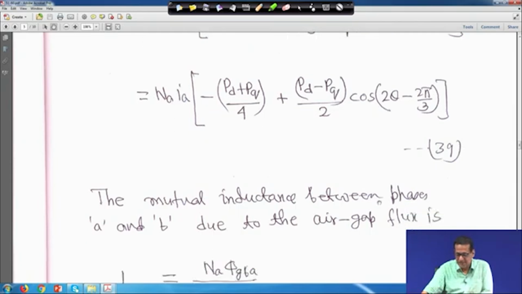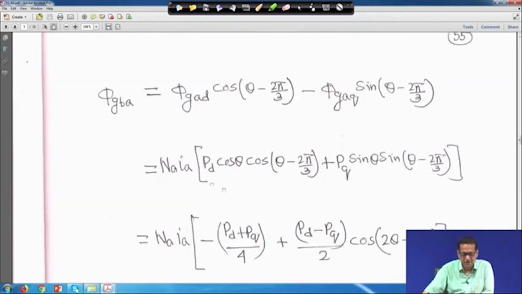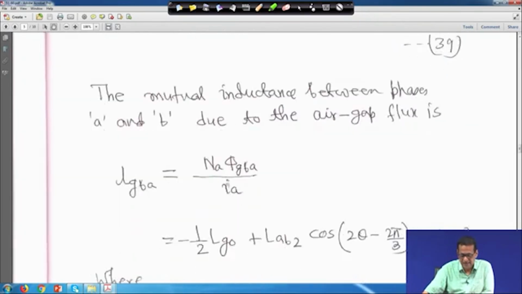Now we have to find out the mutual inductance between phases A and B due to the air gap flux, that means L G B A. This is the mutual inductance between phases B and A, it will be N A into phi G B A divided by the current in phase A, because phase A is excited.